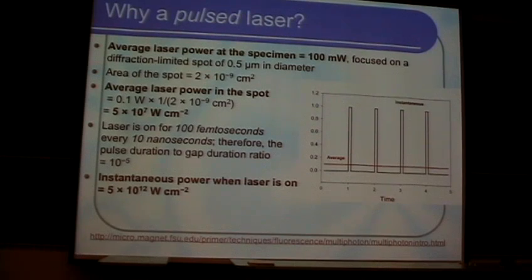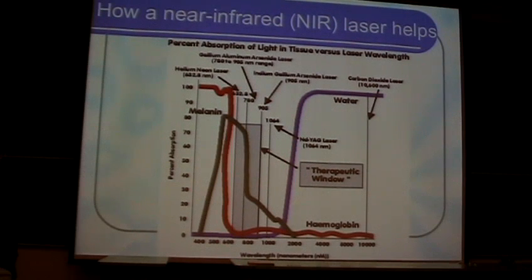So this means we have very high instantaneous laser powers, as depicted in here, and the two-photon fluorescence process can be very effective.